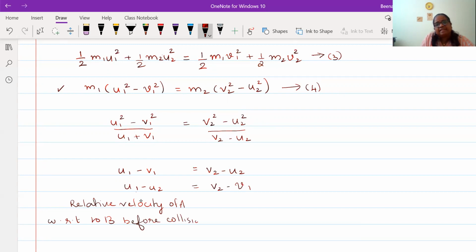And similarly, the other side is the relative velocity of B with respect to A after collision.